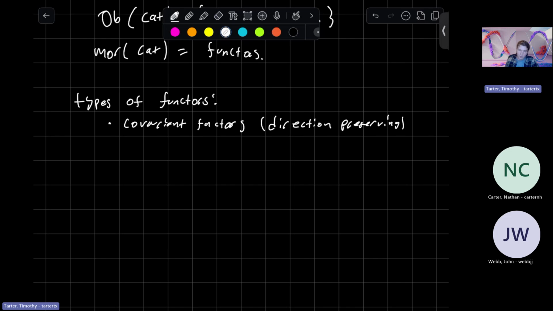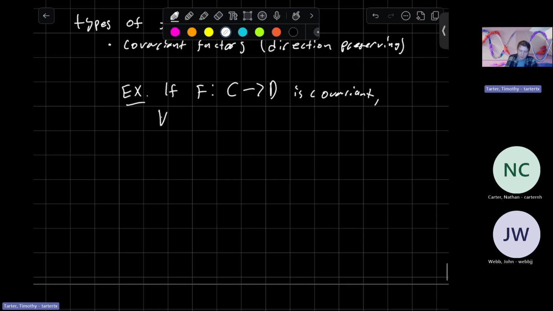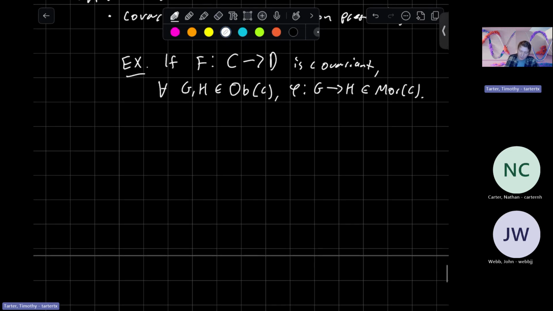For example, if we have a functor f from a category C to a category D, if it's covariant, then for all G and H in ob C, and phi from G to H in mor C, we have the following commutative diagram.